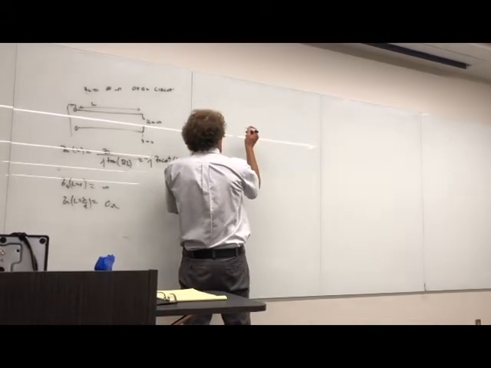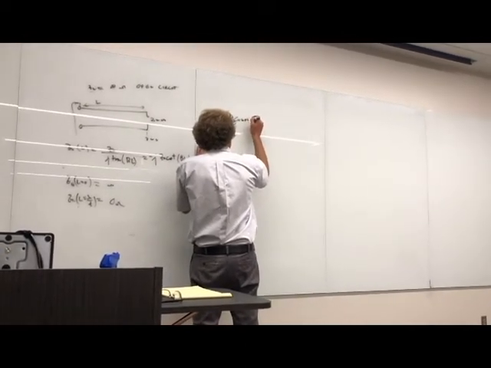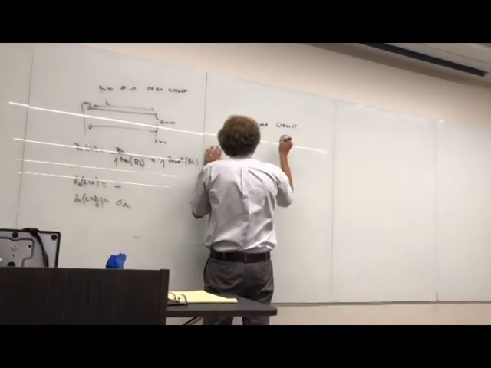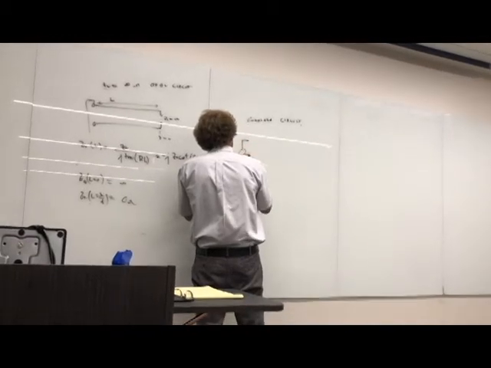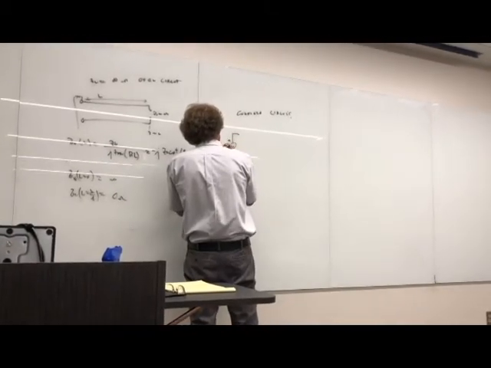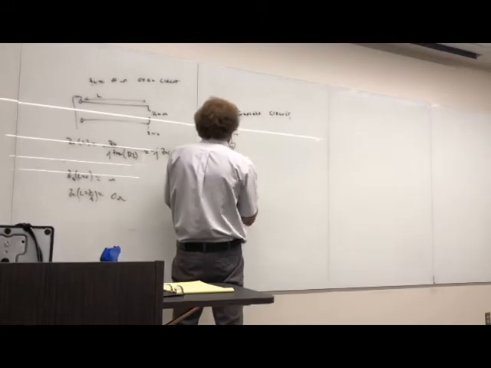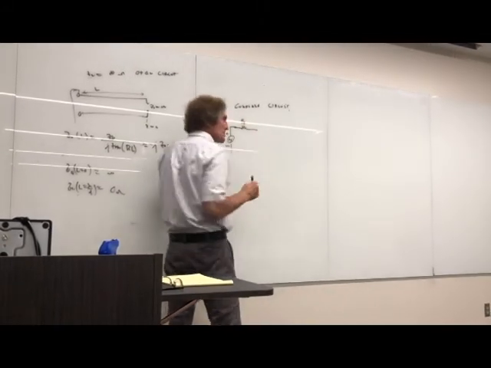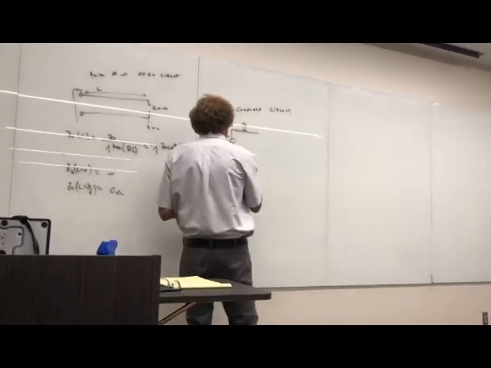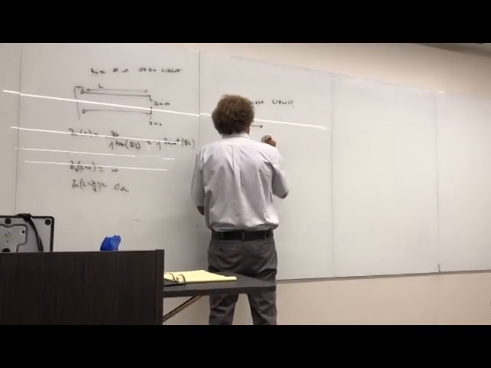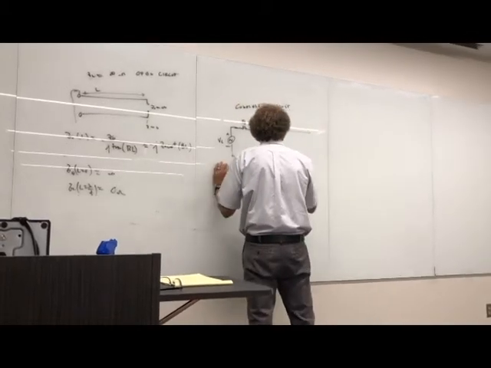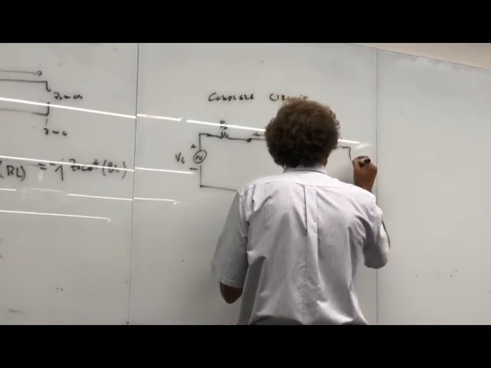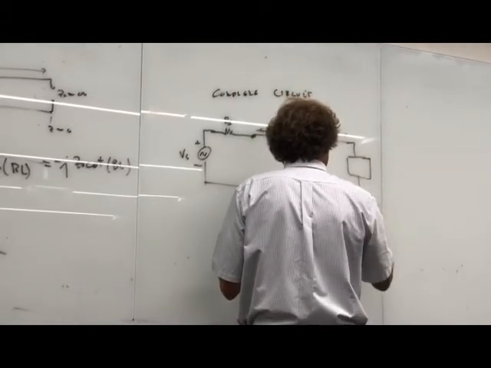So now we do the complete circuit. By that, I mean now I start with a generator, and I'm going to have some plus to minus Vs right here, and I'm going to have some impedance here. I'm just going to call it the source resistance. Then I'm going to have the transmission line, and the transmission line is going to have a length L. Then I'm going to have my load, ZL.